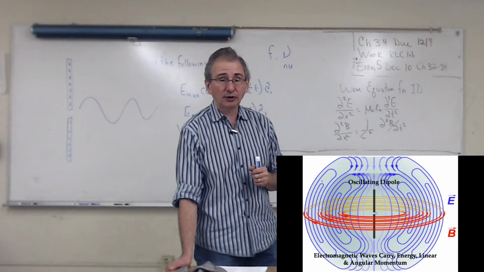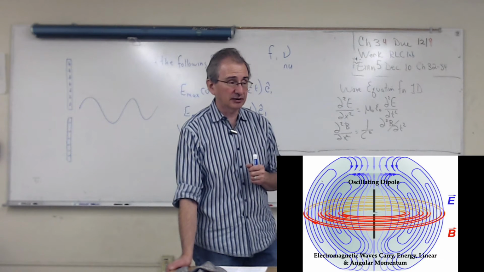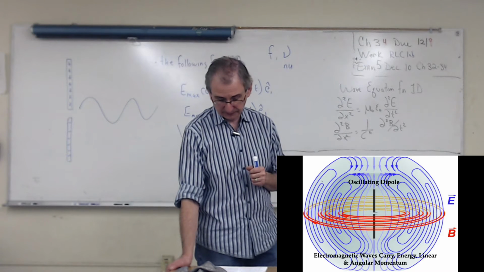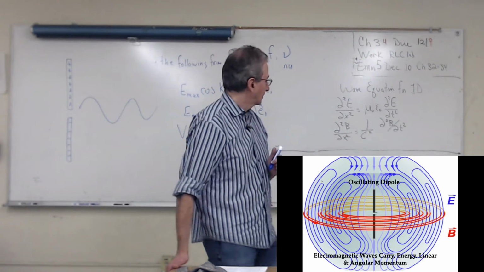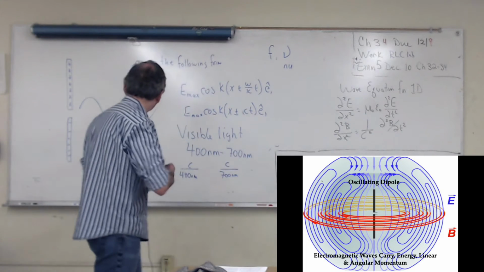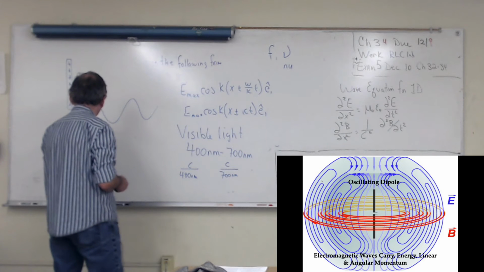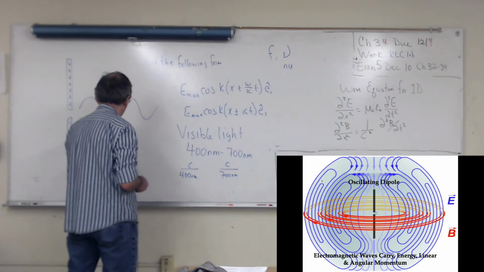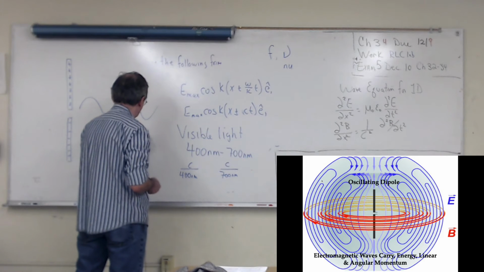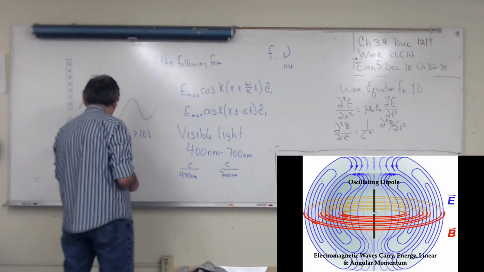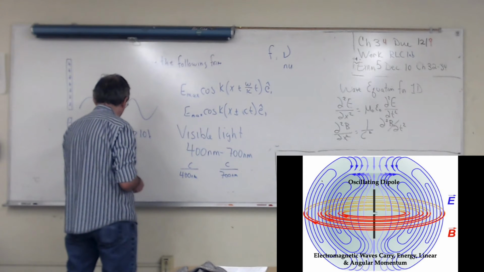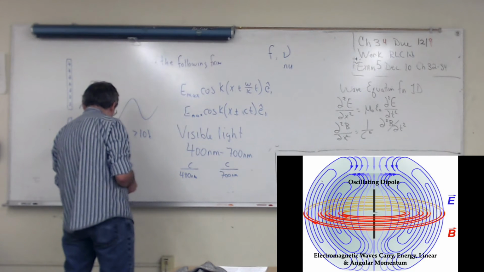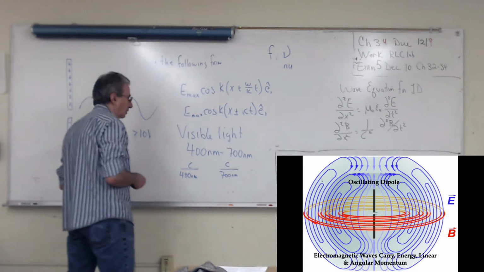And the electromagnetic radiation has an appearance as you see on the screen. So far from the source, E max is proportional to 1 over r. B max is also proportional to 1 over r.